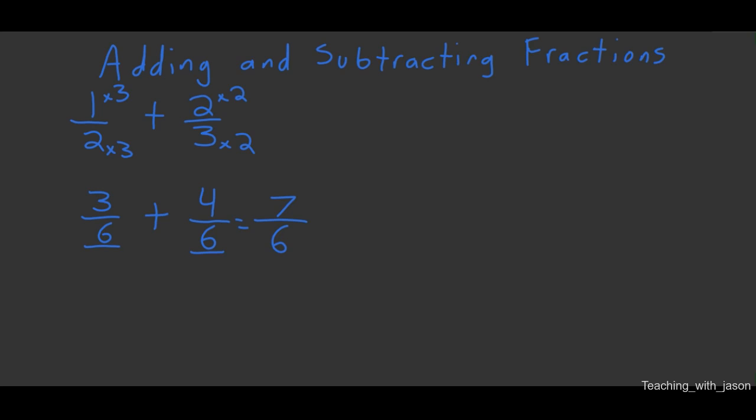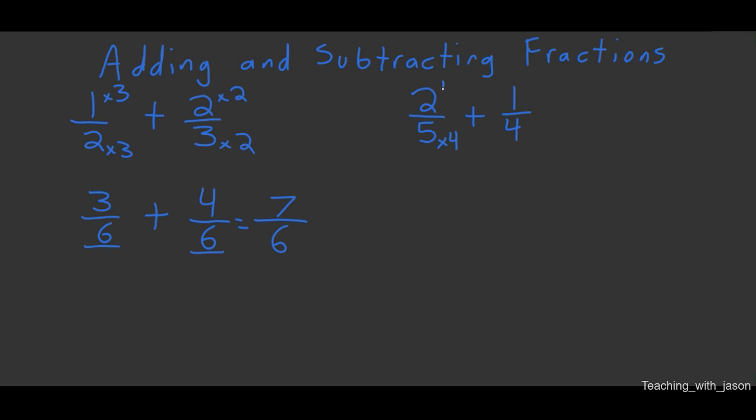So if we give another fraction, we'll go with 2/5, and we're going to add that to 1/4. So we're going to see, okay, well, 5, the only things that go into 5 are 1 and 5. Neither of those go into 4, so there's no shortcut.